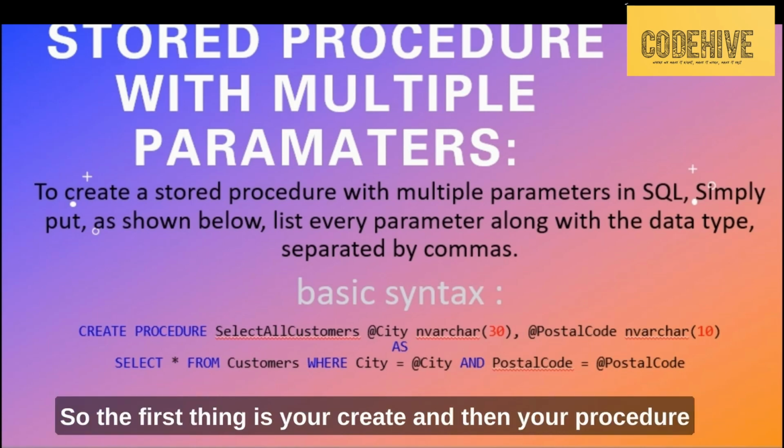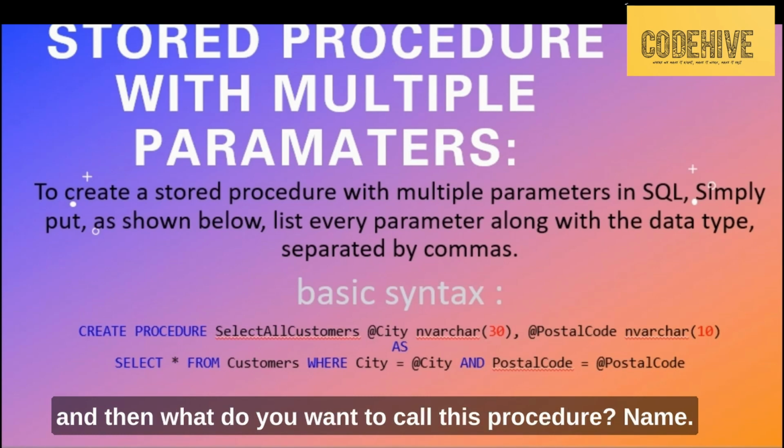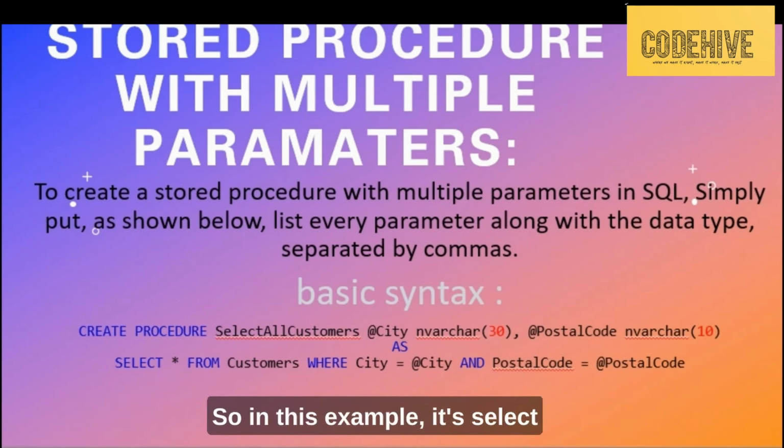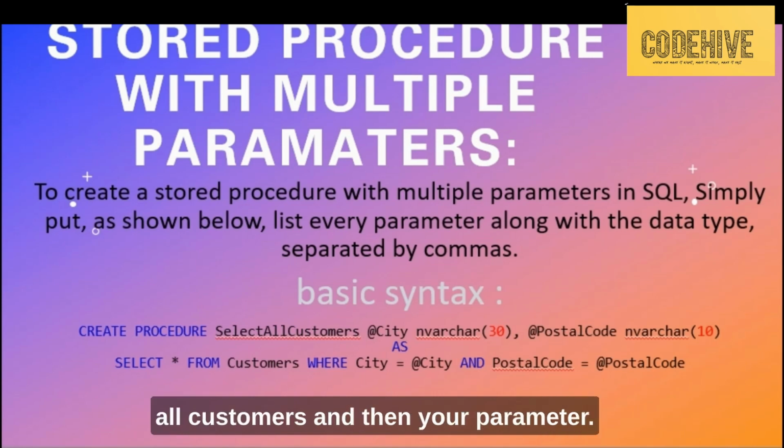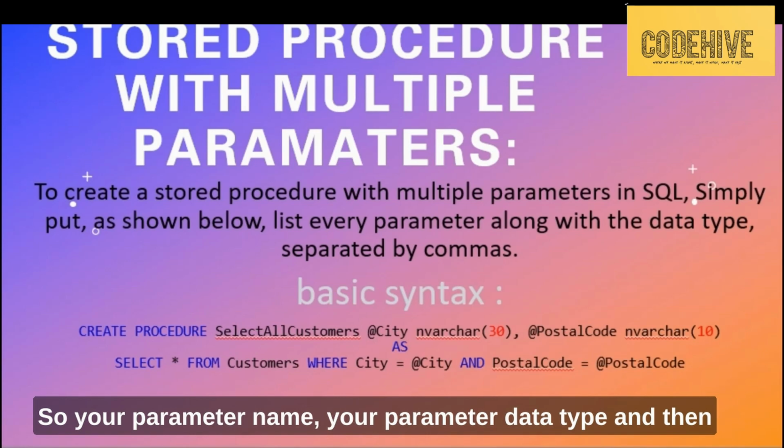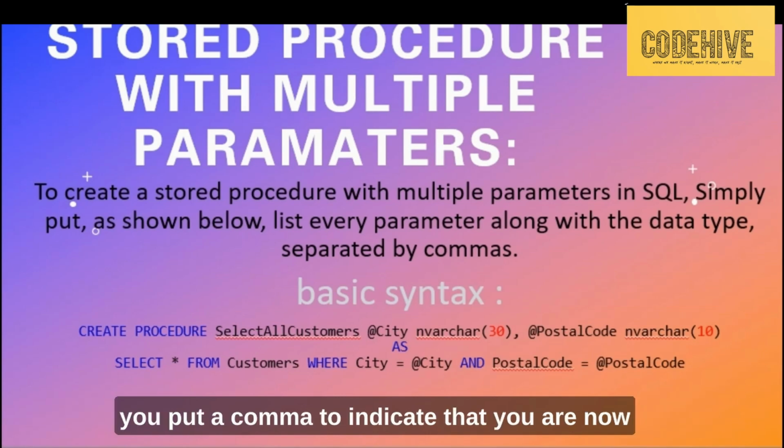The first thing is your create, then your procedure, and then what you want to call this procedure. In this example, it's select all customers, and then your parameter name and parameter data type, and then a comma to indicate that you are about to specify the second parameter.